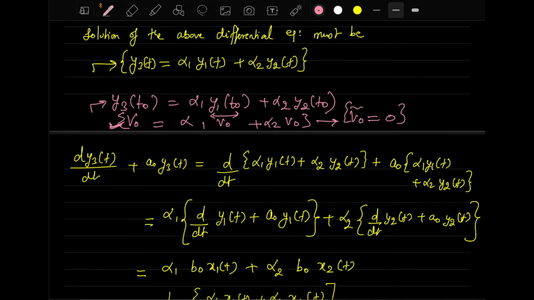This is basically the initial condition that you are imposing on the capacitor, that it should not contain any initial charge. This is one of the important points to be noted here.